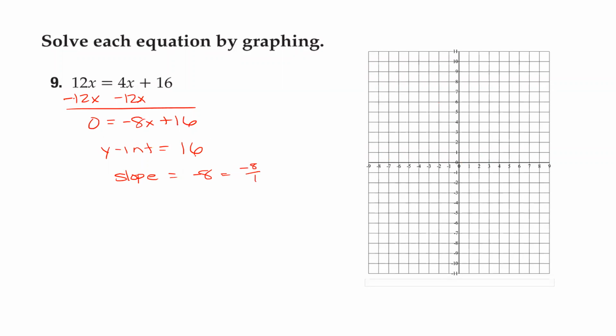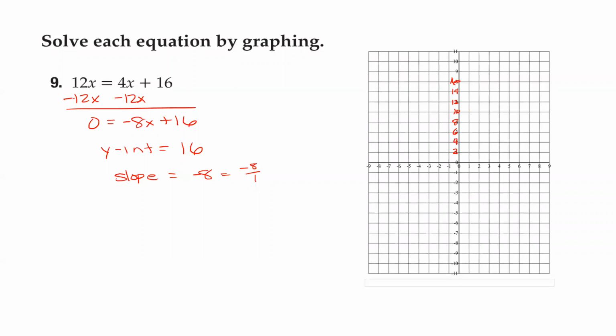Okay, so because my y-intercept is 16, I'm going to make these go by 2. So 2, 4, 6, 8, 10, 12, 14, 16. Okay, so my y-intercept is going to be right there. And then I'm going to go down 8 and to the right 1.